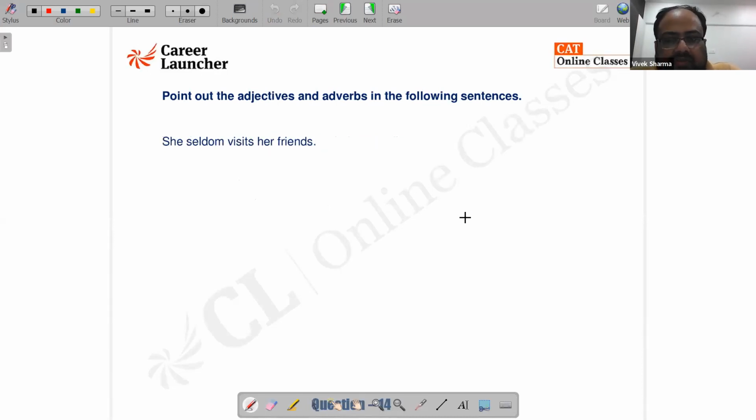What is the modifier here? Single word, adjective or adverb? Ritik, correct. Anubi, correct. Aman, correct. Seldom.